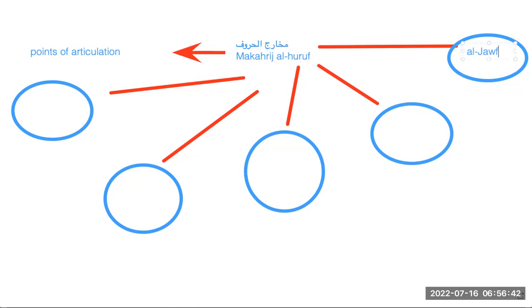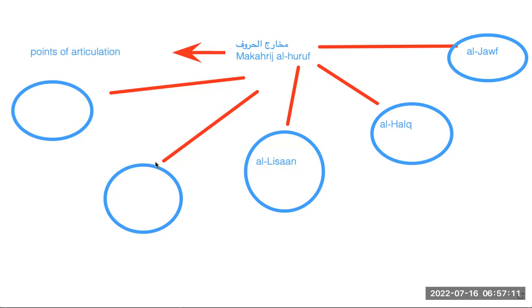Al-Jawf. Then Al-Halq, the throat. Al-Lisan.